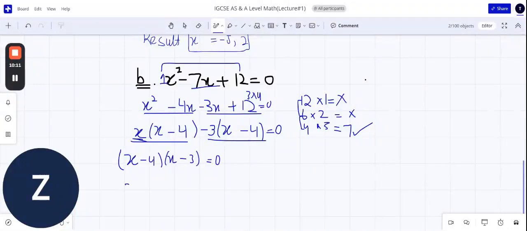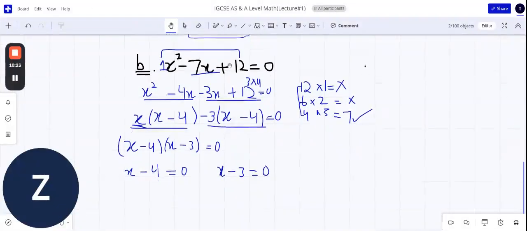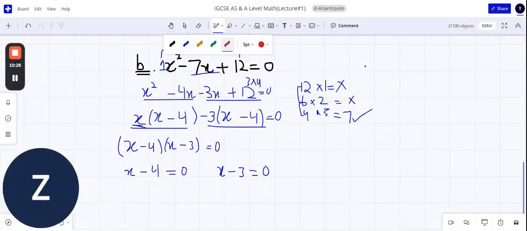Now again we will place both the factors separately, x minus 4 equal to 0 and then x minus 3 equal to 0. So whenever we have to shift the negative sign value to the other side of the equal sign, it becomes positive. x equals plus 4.